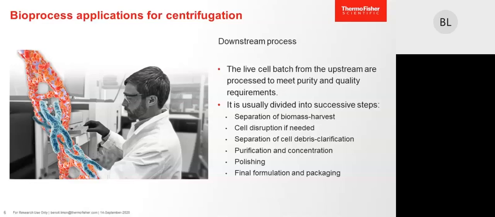Then, if the cells contain the product of interest, the next step is to lyse the cell: first resuspend the cell in a neutral buffer and lyse the cell. The product of interest contained inside the cell will then be released into the suspension buffer.